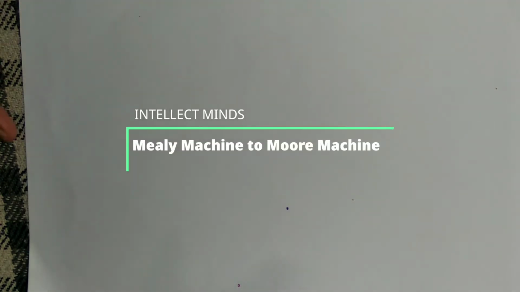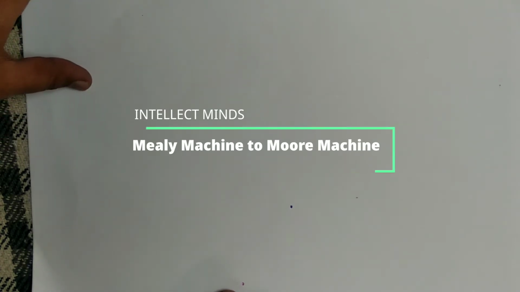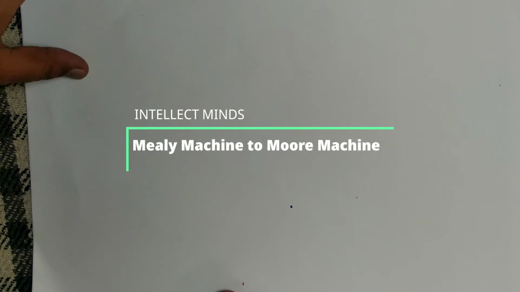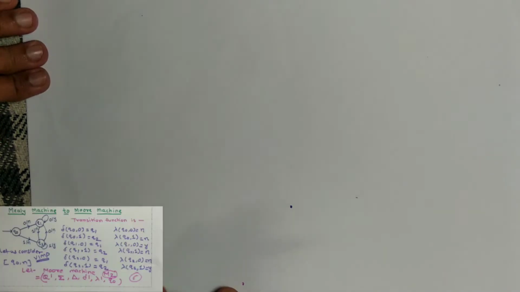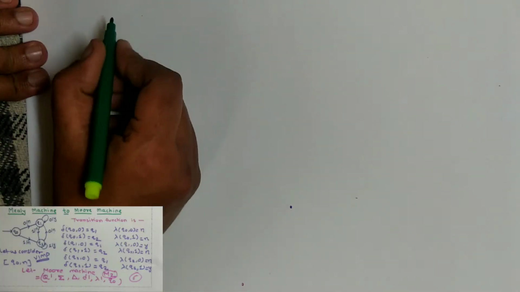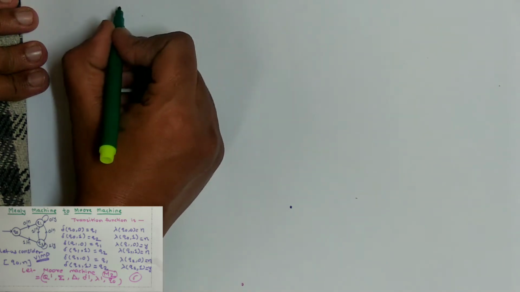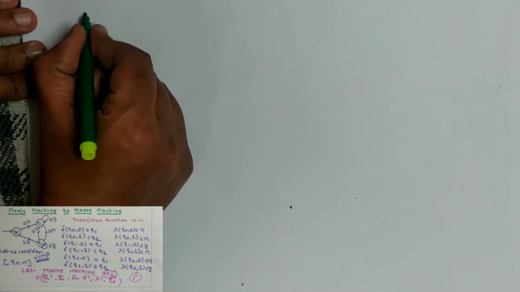How to write the transition functions? What I told you, the starting state is Q0, N. As per the diagram that is displayed in the corner, we can write the transition function for M2. See how to write it.